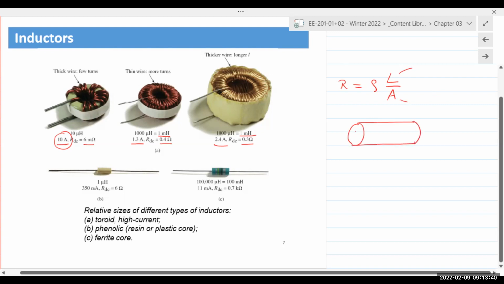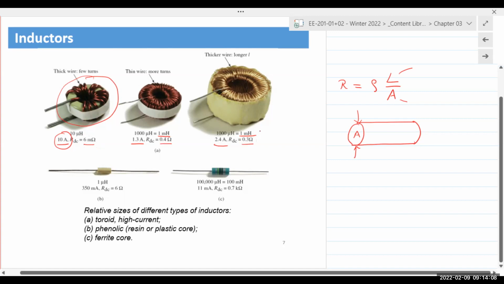So the thicker the wire, the lower the resistance, right? So inductor number one right here on the left has a much thicker wire, so it has a very low resistance, 6 milliohms, compared to the two on the right, which have thinner wires and like 400 milliohms and 300 milliohms. So huge difference.